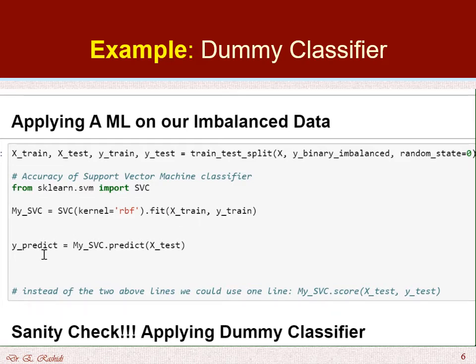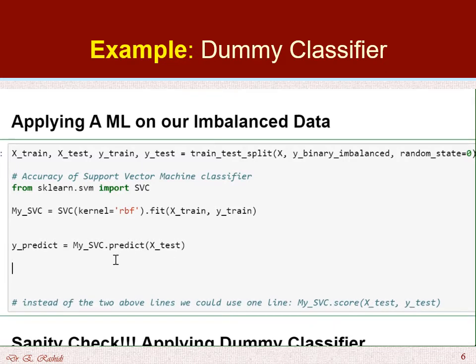And next, I'm going to make a prediction, Y predict. So I'm going to ask my model to make a prediction on the test data set. Now that we have made a prediction, let's print out the accuracy score for our model.